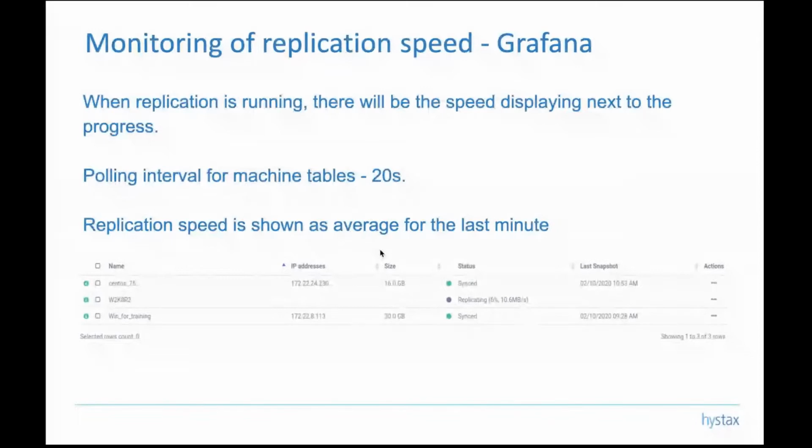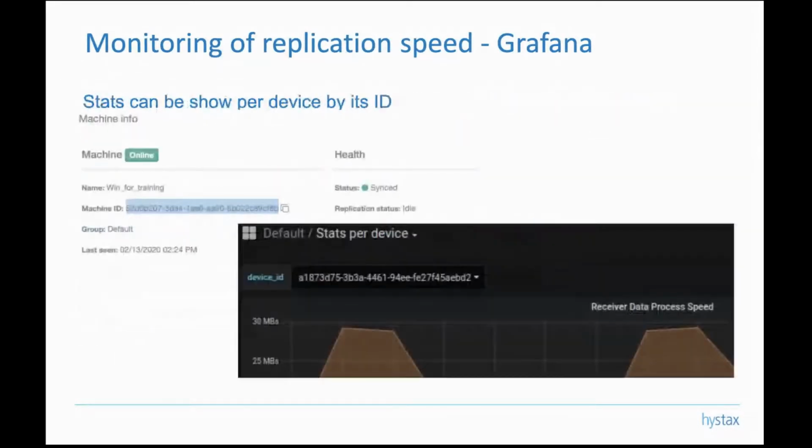Replication speed is shown as an average for the last minute. So the speed that you may see in the Acura interface is an average speed with which the replication is going.